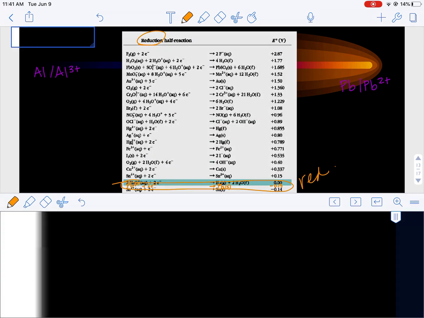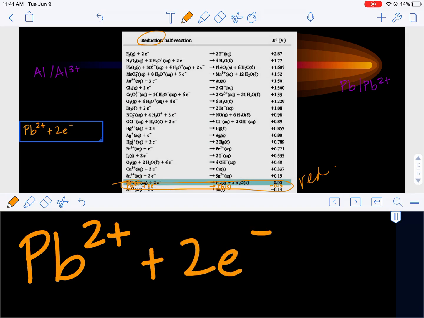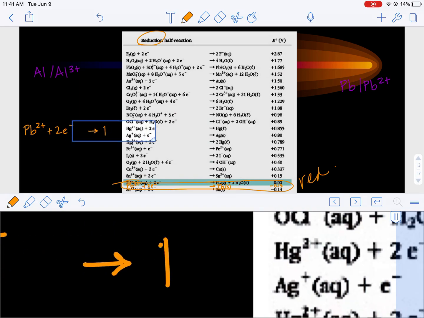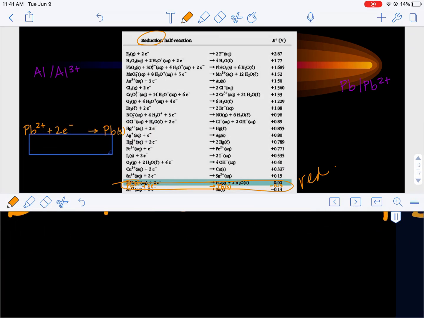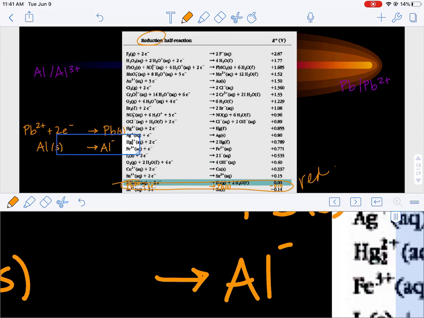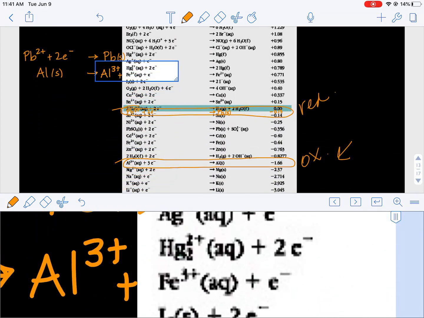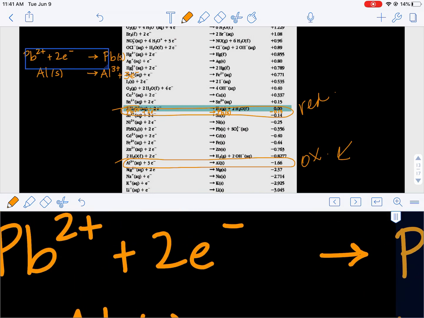So the lead 2+ part is going to have to stay the way it is. However, my oxidation half reaction is going to need to be switched. So that's going to have to look like aluminum solid gives me aluminum 3+ plus 3 electrons. So just as we've been doing with enthalpy, we're going to add them up.